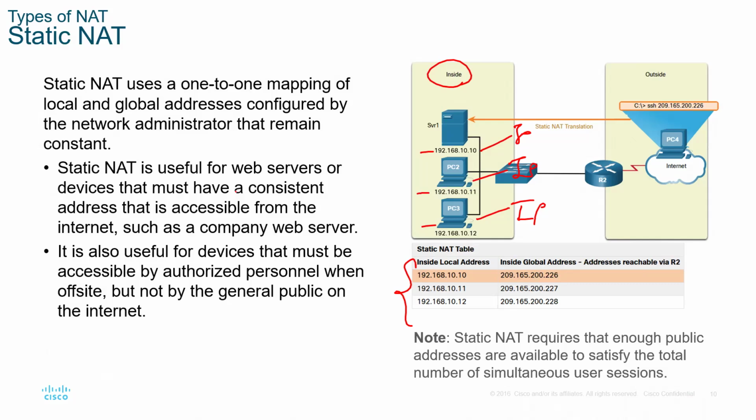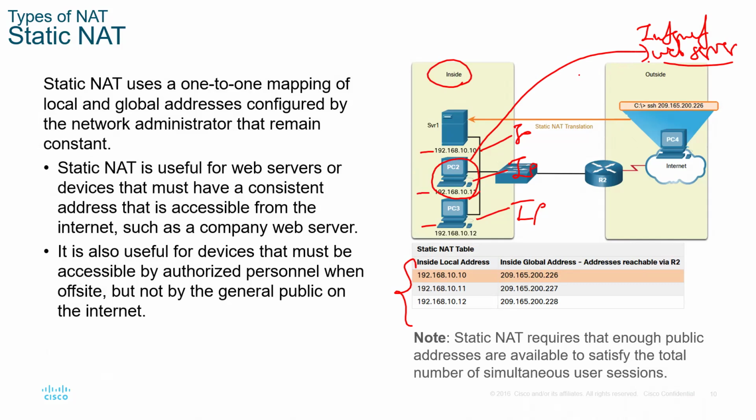The reason why is because, let's say, for example, from my private network, I need to access a web server over the internet. There is a consistent connection that is required with that web server. So a one-to-one mapping allows us to consistently connect to that web server.